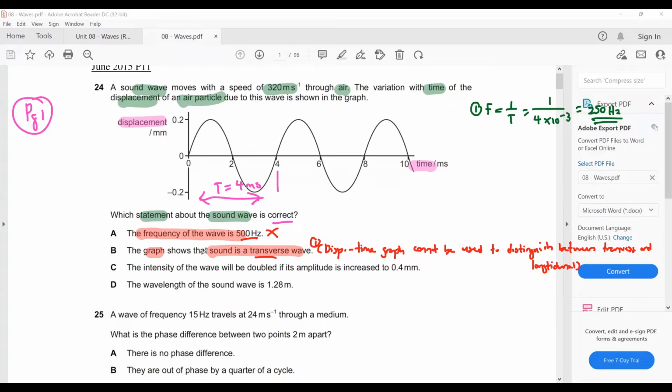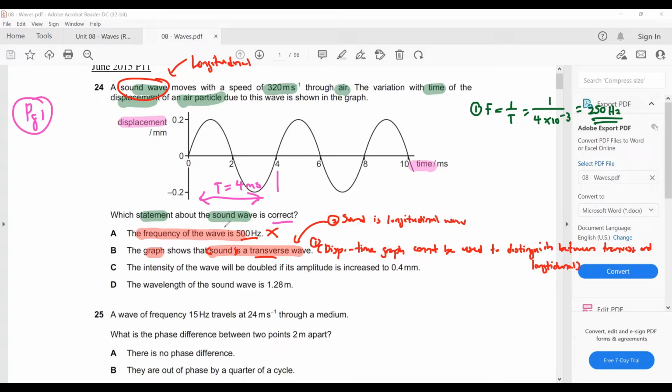And then there's also something wrong with this. This is a sound wave. Sound wave is known to be longitudinal. Okay, if they say the graph shows that the sound is a transverse wave, something is not making sense here. Sound is a longitudinal wave.